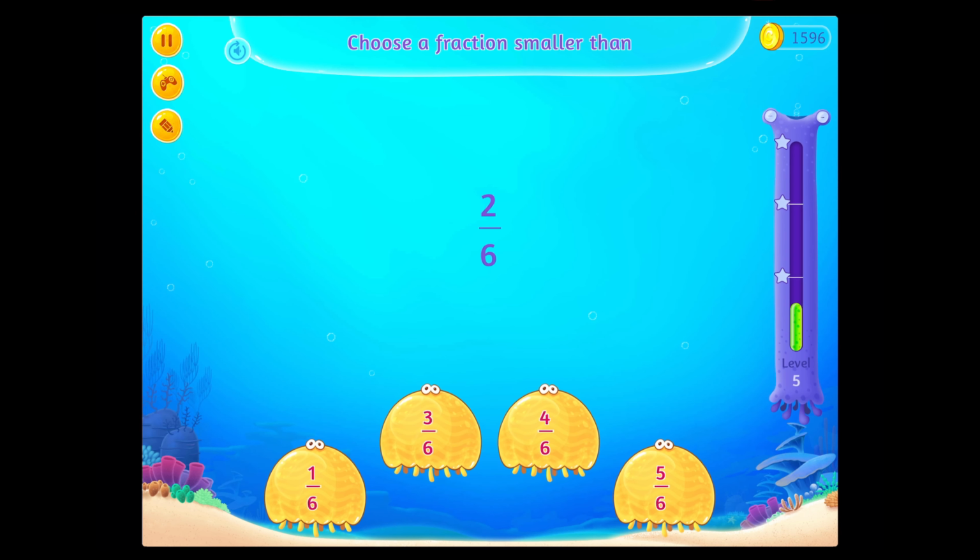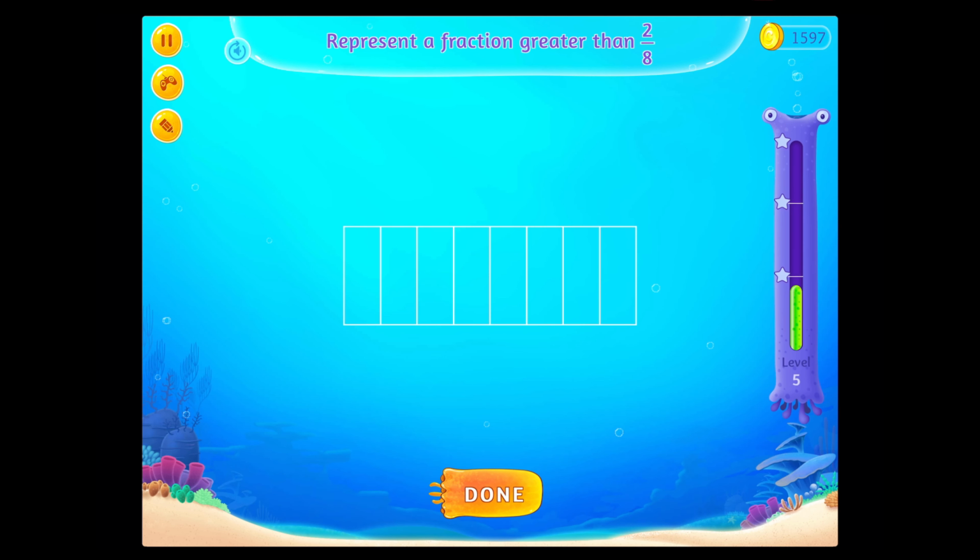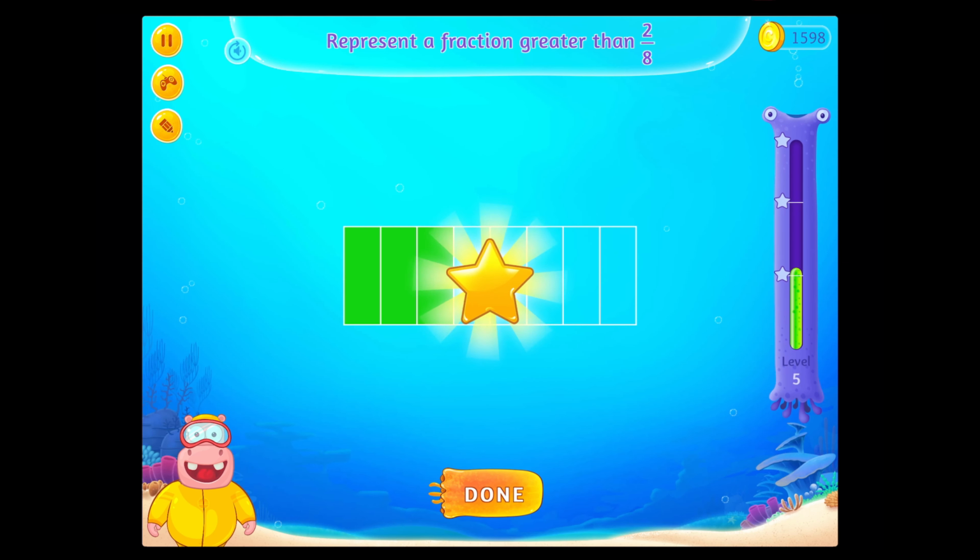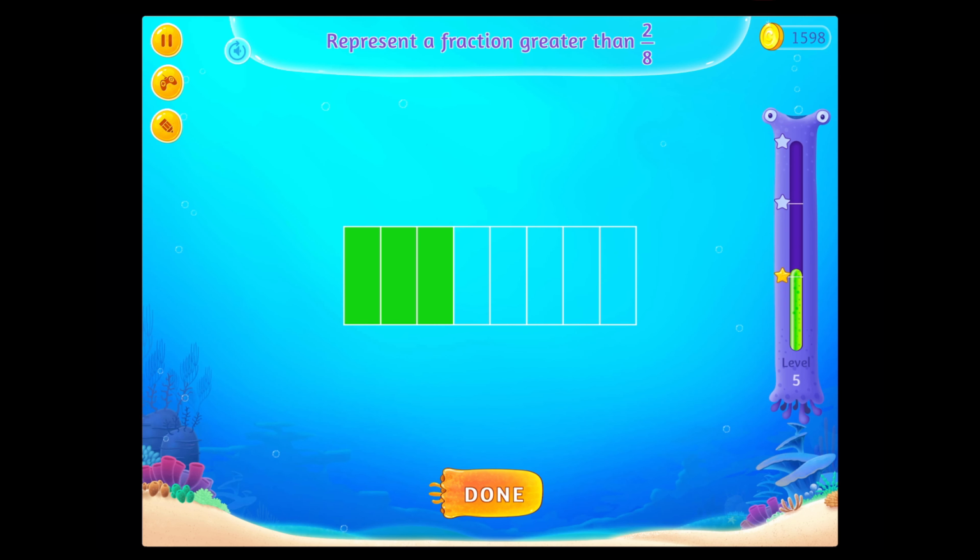Choose a fraction smaller than. Correct! Represent a fraction greater than 2/8. Congratulations! You've done it!